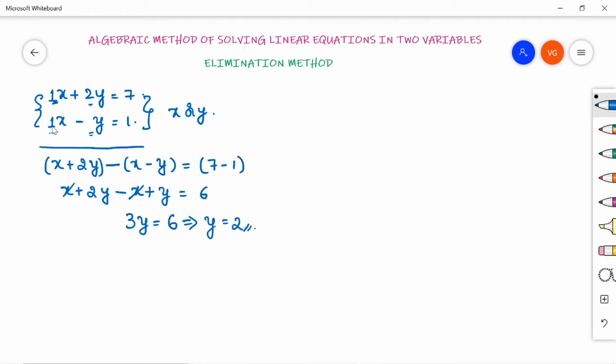Or else, in a simple way, I will explain here. x plus 2y is equal to 7 and x minus y is equal to 1. You can subtract these two equations directly like this. See here, if I am multiplying the second equation with minus, all the signs are changing here. The plus x is becoming minus and minus y is becoming plus.